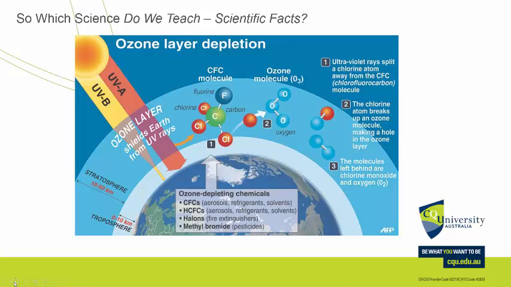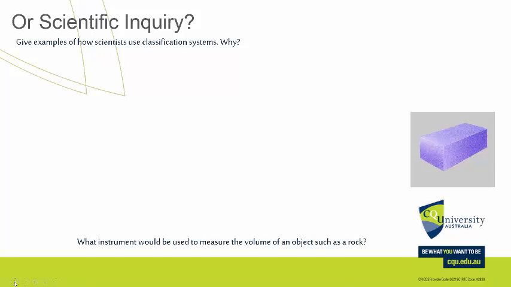How does it break down? And how does it make a hole in our environment? So we can do this in a whole range of ways. We can do this as a series of scientific facts, or we can do it as an inquiry process. Right throughout this course, we have tried to encourage you to think about science as an inquiry process.